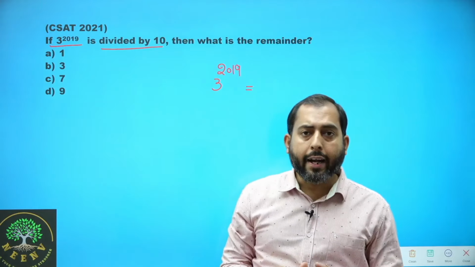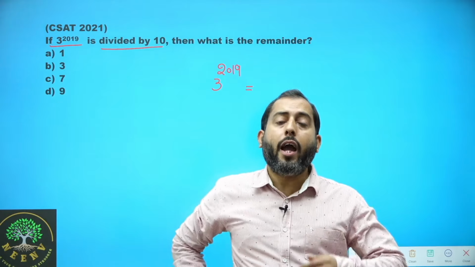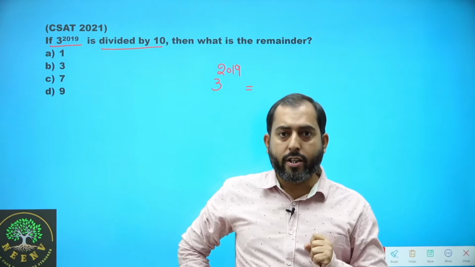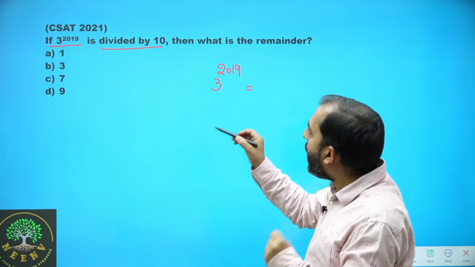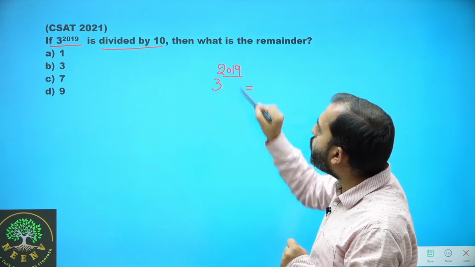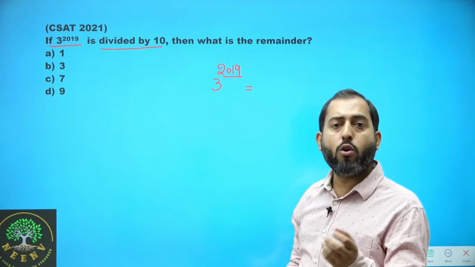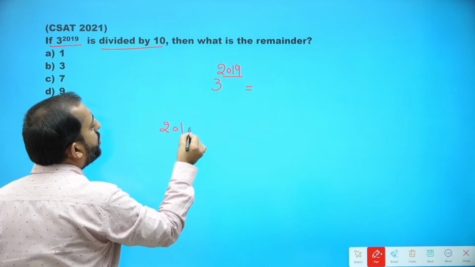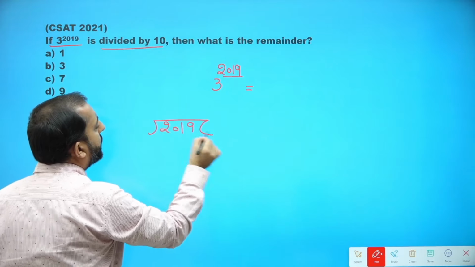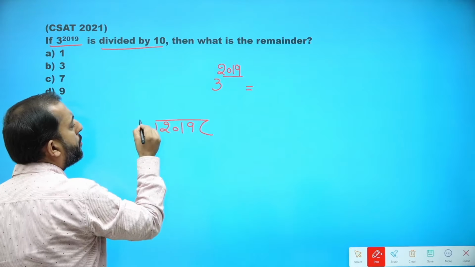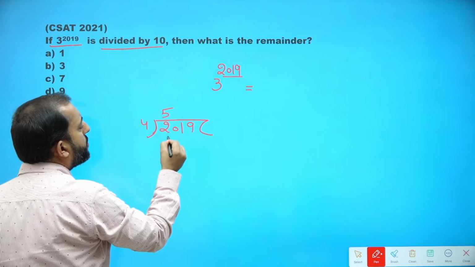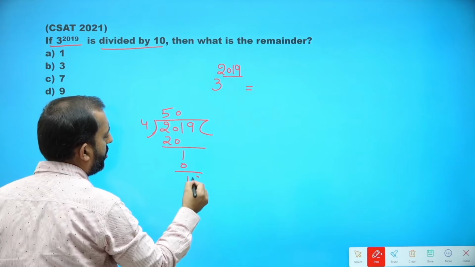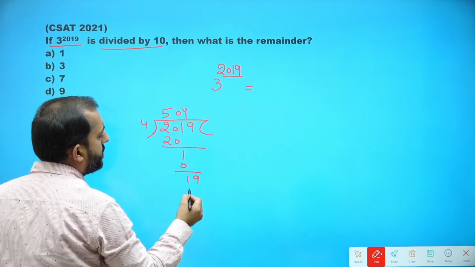We know that 3 power any multiple of 4 will produce 1 as the unit digit. So I have to check whether 2019 is a multiple of 4 or not. For this, divide 2019 by, sorry, by 4. 4 5s are 20, 1 0 0, 4 4s are 16.